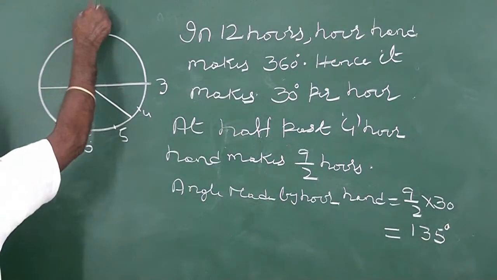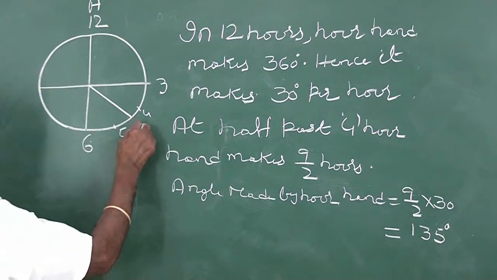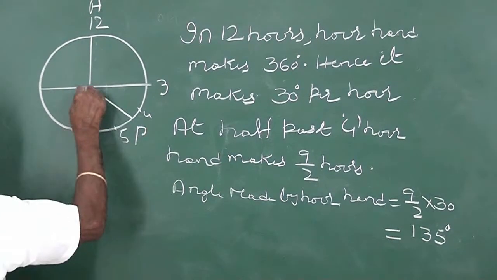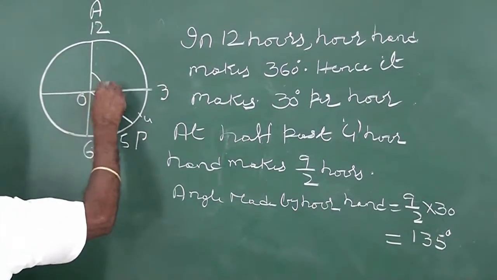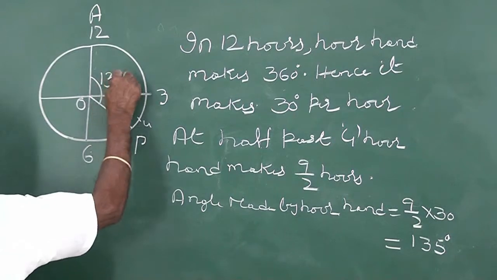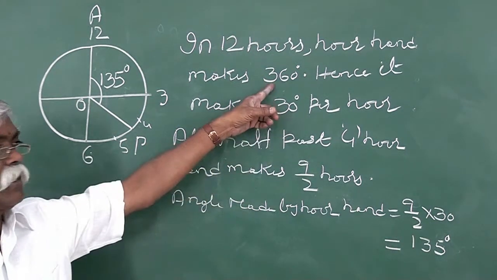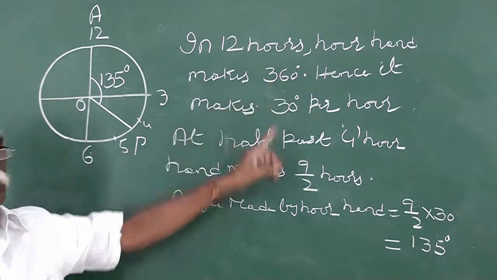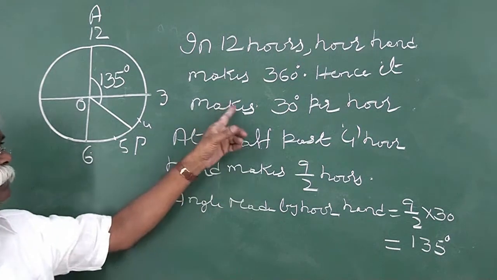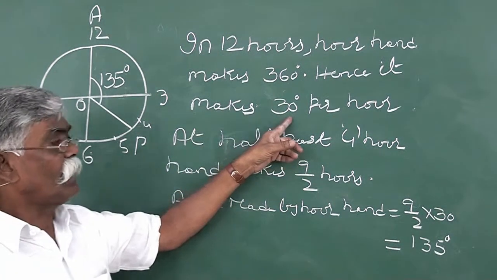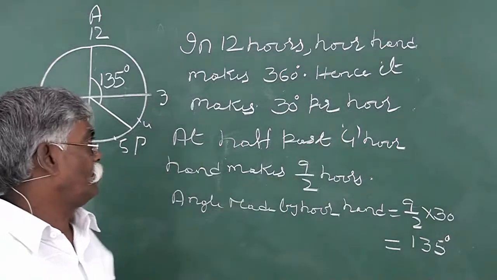So if this is A and this is P and this is O, this angle is 135 degrees. So in 12 hours, the hour hand makes one complete revolution, and to make one complete revolution, it will complete 360 degrees. So hence it makes 30 degrees per hour.